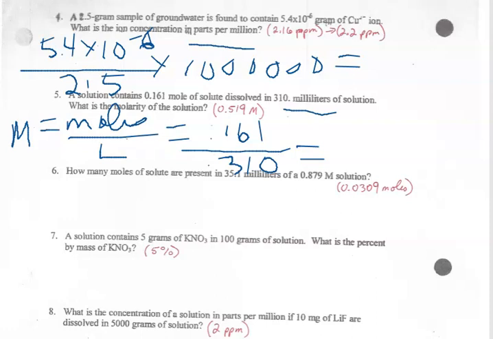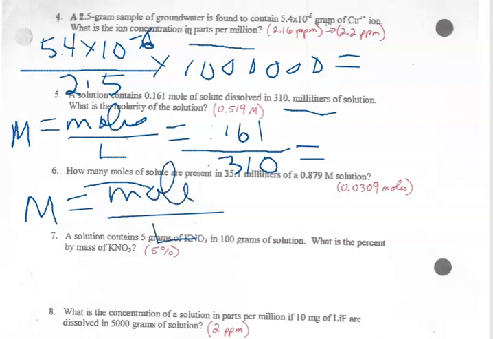For number 6, now we're looking to solve for moles. Real simple. We're going to then plug in molarity, and moles is our quote-unquote X, right? And let's see, we got milliliters again, so we have to convert.